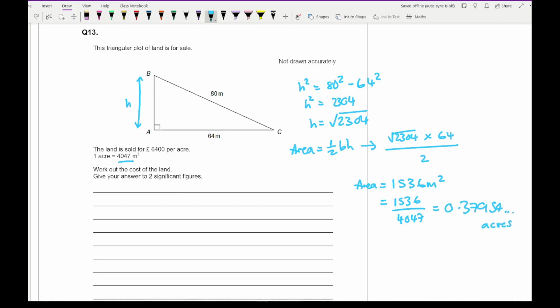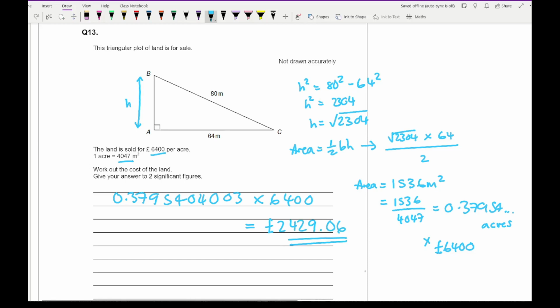So then what I then need to do is multiply that by 6,400. So if I do 0.3795403, now you could have rounded that, but if I multiply that by 6,400, I get an answer of 2,429 and 6 pence.